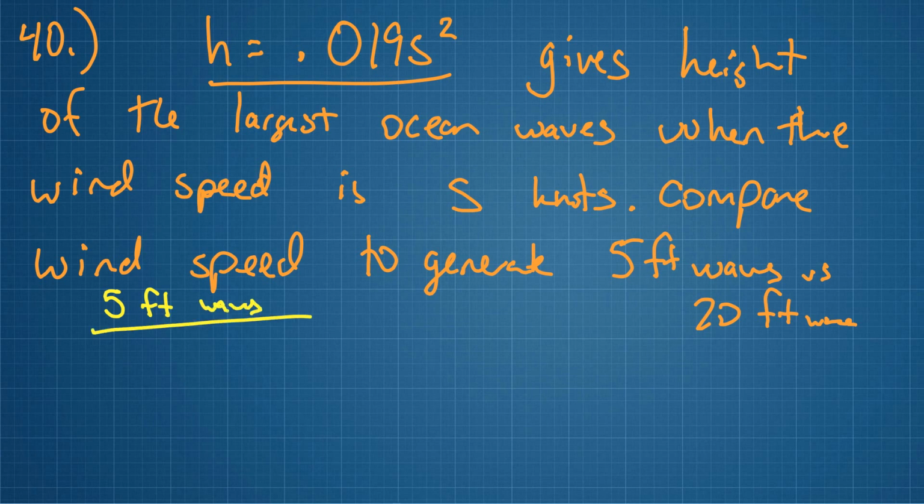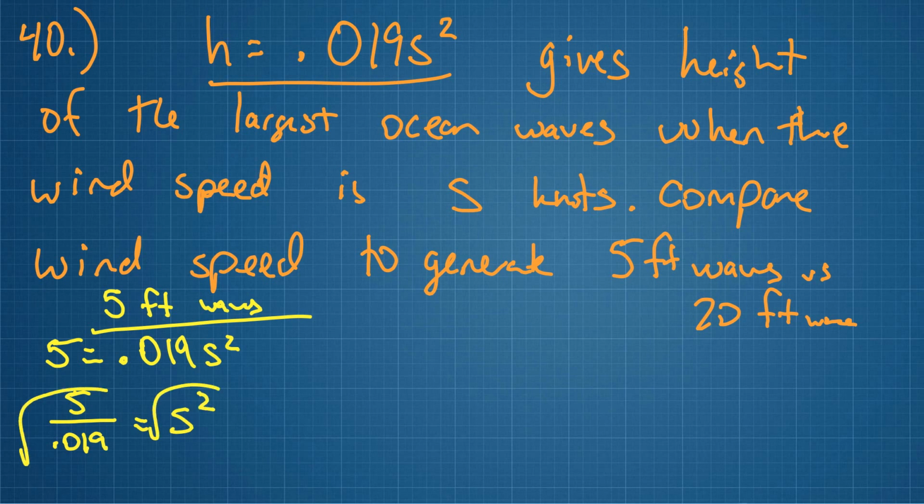So really, to figure that out, I have to put 5 in for h, so 5 equals 0.019 s squared. Now I have to divide both sides by 0.019. And then I square root both sides. I get my speed for a 5-foot wave.